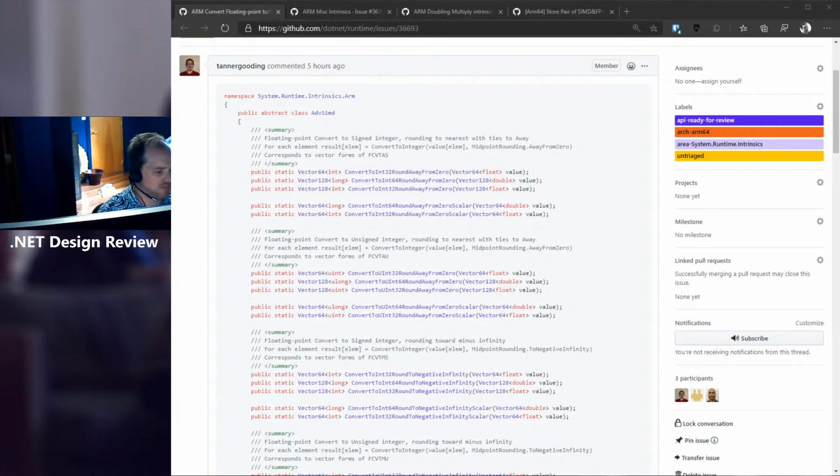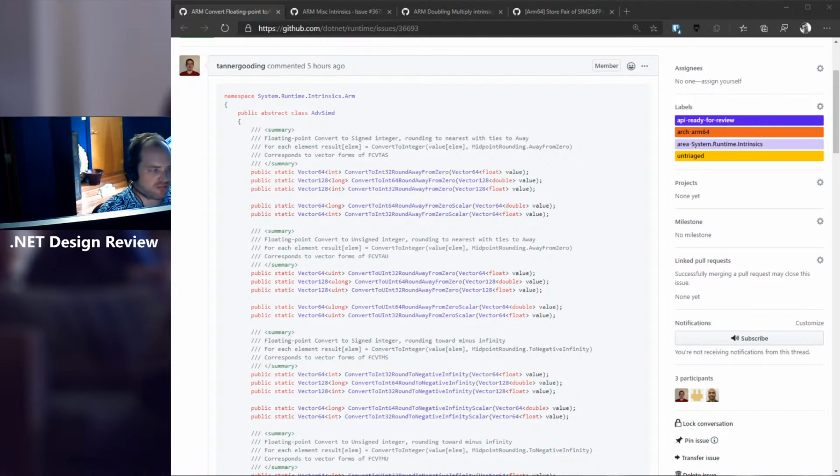But usually on an object you would have a ToXXX. Yeah, but do you have any other vector types that are convert to int32? Or are those passed? These are the APIs that do.